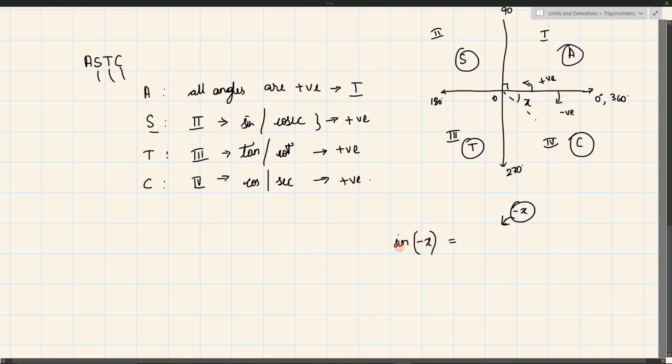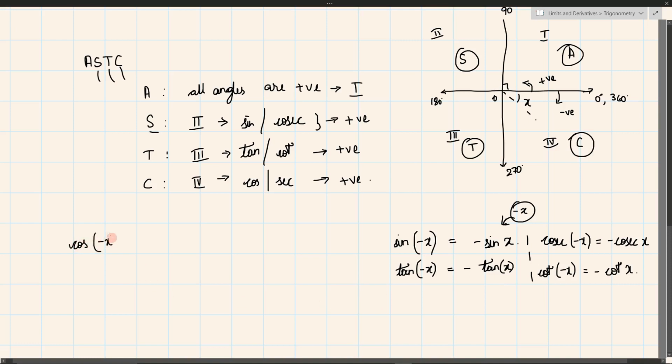In the fourth quadrant sine is negative, so we'll have minus sine x. Similarly, tan of minus x is minus tan of x. Also cosecant of minus x is equal to minus cosecant x, and cot of minus x is equal to minus cot x.